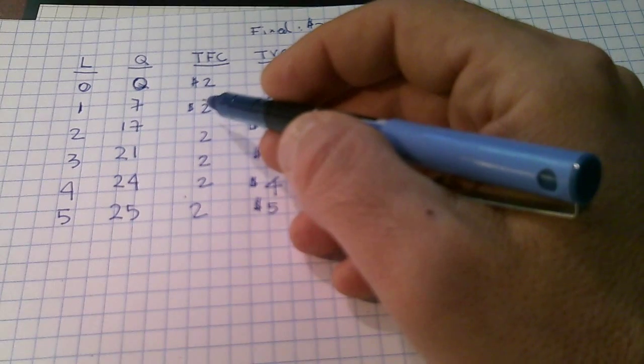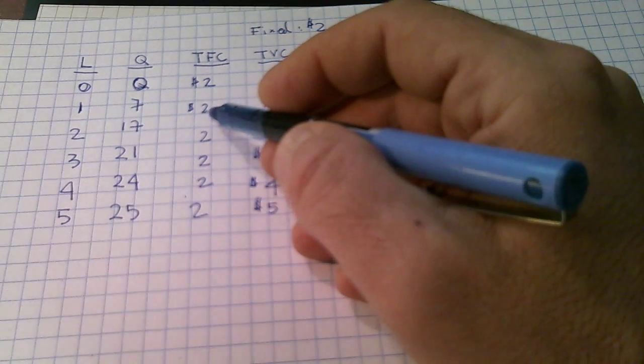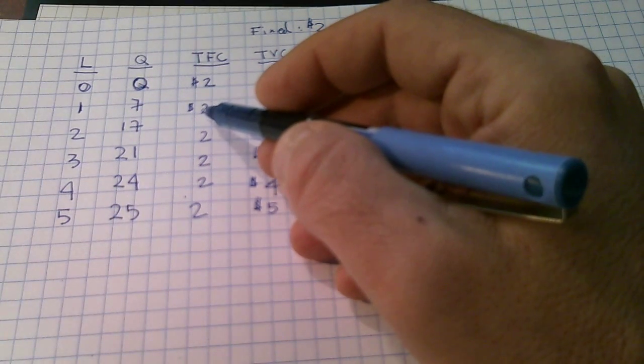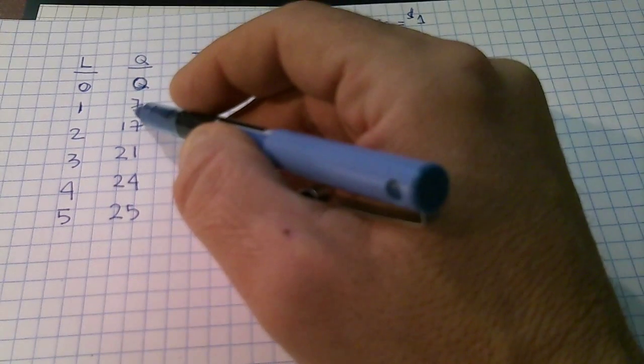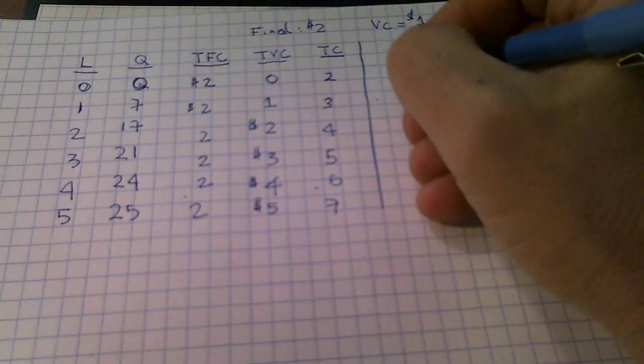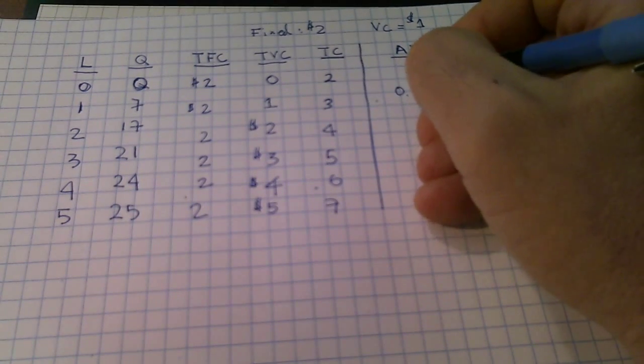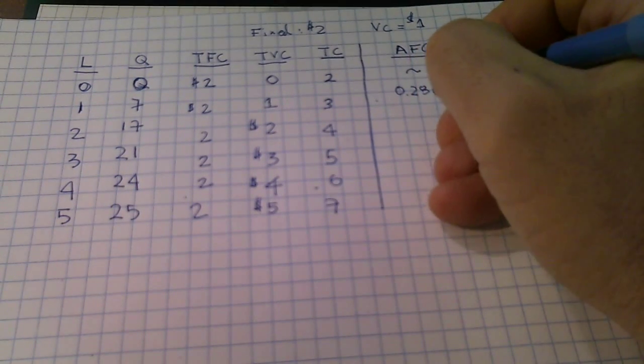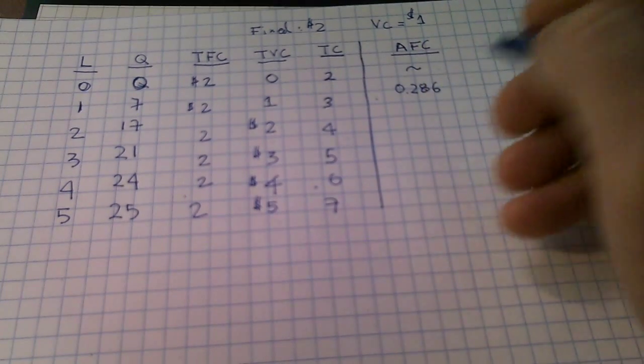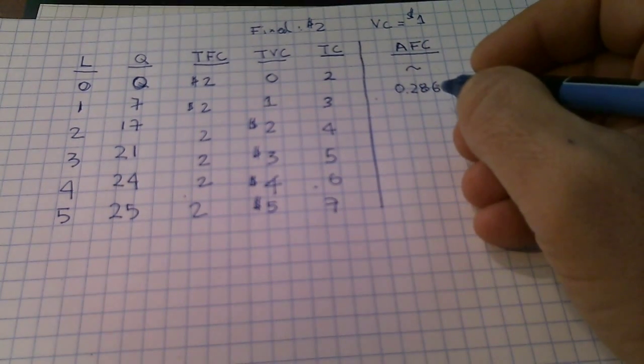Then this $2 divided by 7 units comes out to about 29 cents, let's make it 0.286.